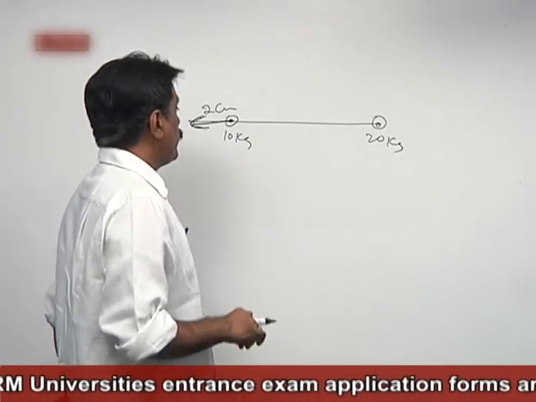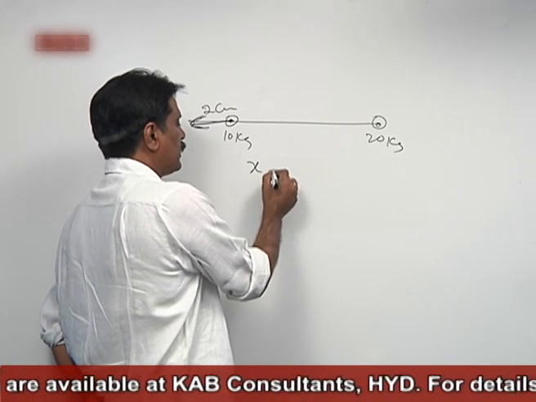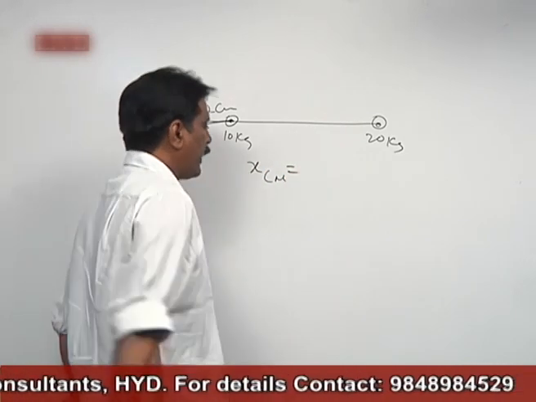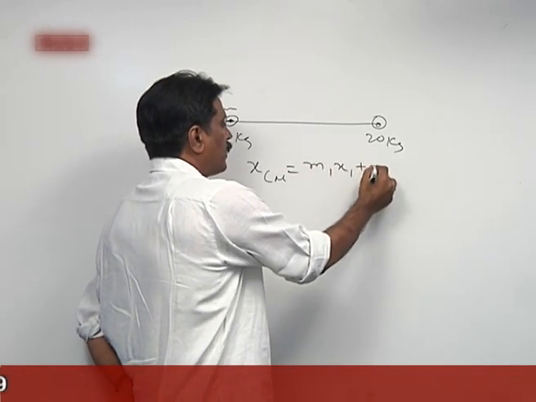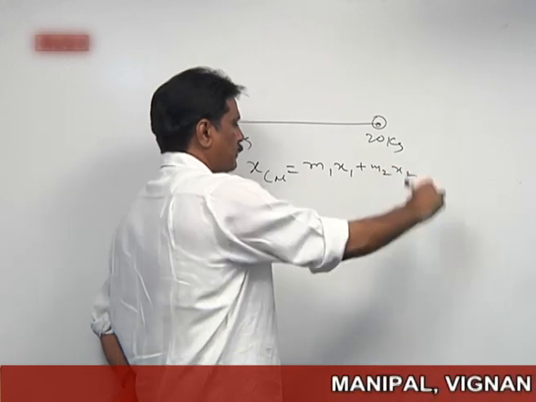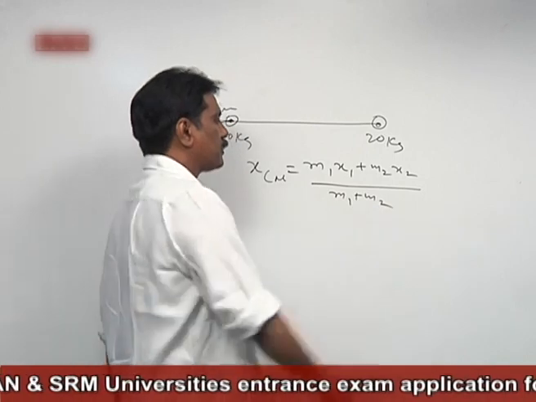So taking that into condition, we can solve this problem like this. We know that the center of mass coordinate is given by m1 x1 plus m2 x2 by m1 plus m2, if there are two bodies.